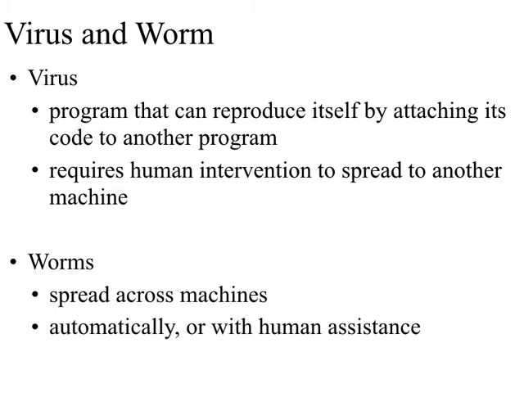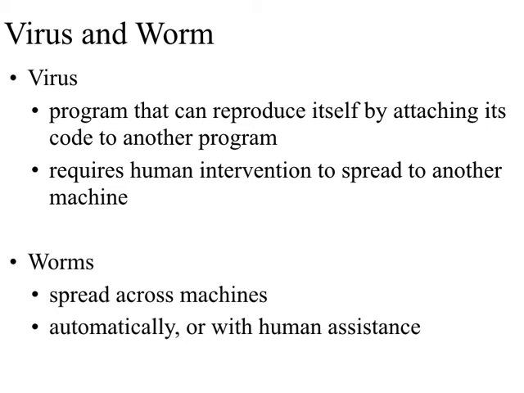In order for a virus to spread from one computer to another, it requires human intervention, which means that a human being should either download the file or should carry the infected program physically, such as using a USB device to another computer.